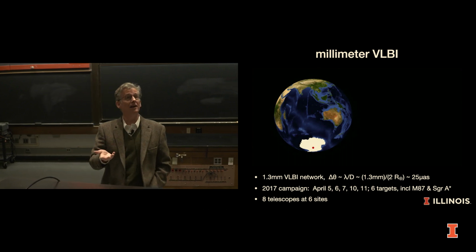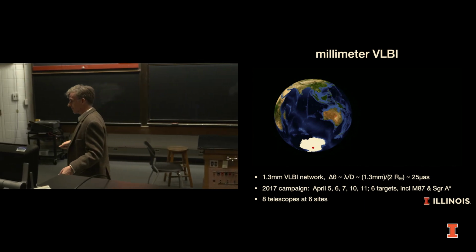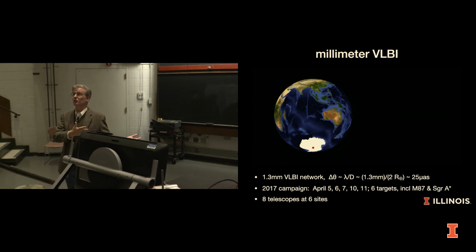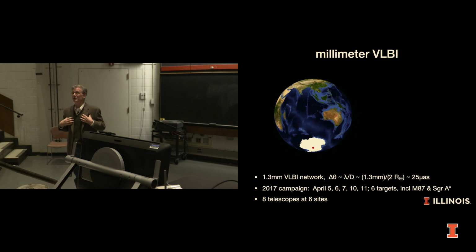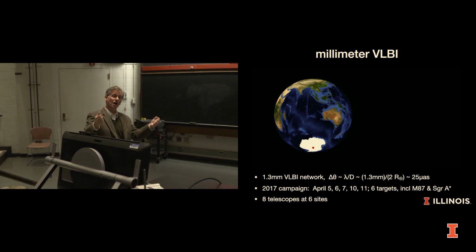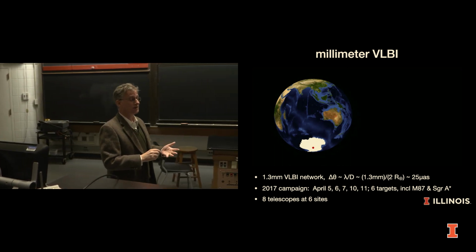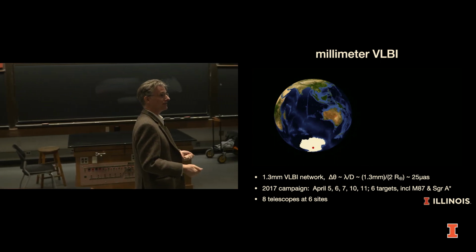Okay, so how is this done? What happens is that the people in my collaboration, so not me, I'll tell you what we do in just a moment, but other members of my collaboration go to these telescopes, and they carry with them a rack of electronics. And the rack of electronics includes a very accurate clock and many, many disk drives.